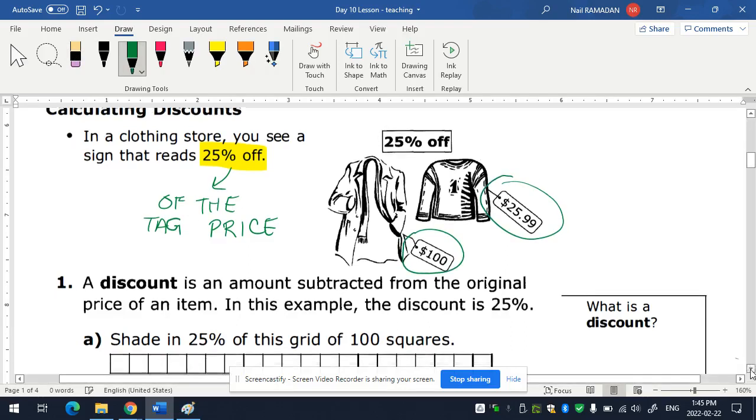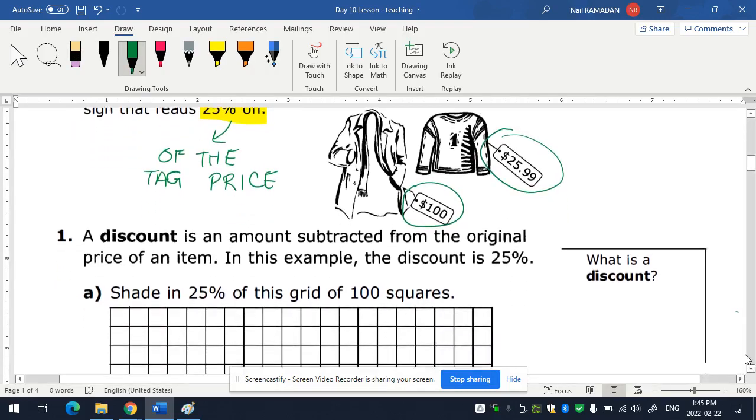So a discount obviously is an amount that you get to save. So a discount is an amount subtracted. That's the key. Subtracted from the original price or the tag price. I want you to write here also tag price. In this example, the discount at that store is 25% off.